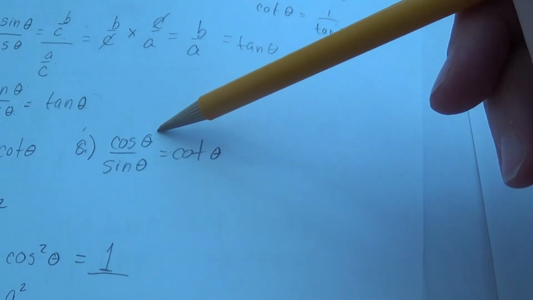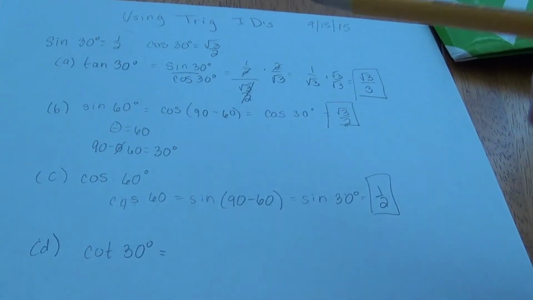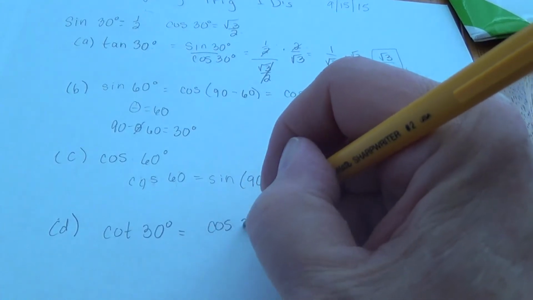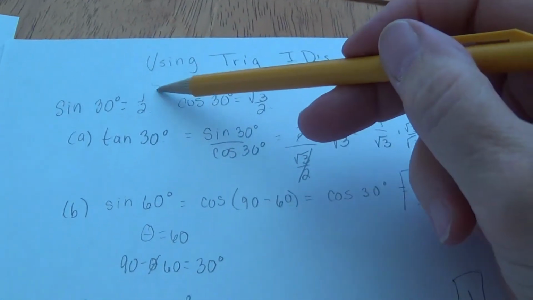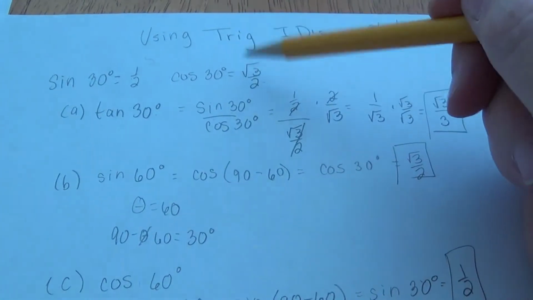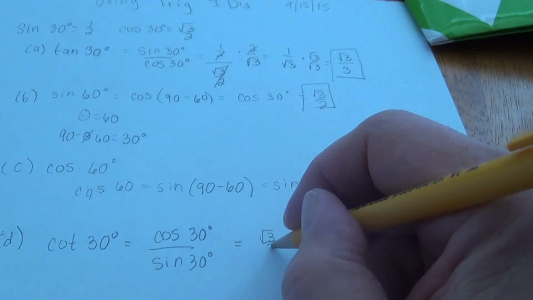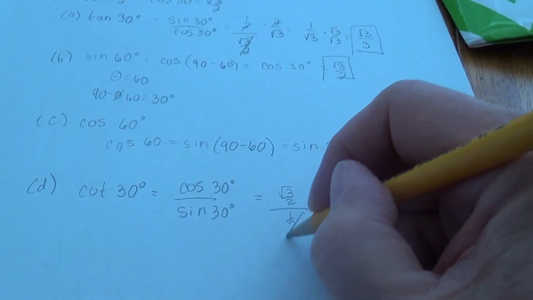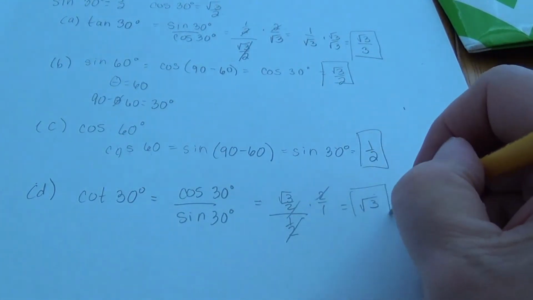So if I know the cosine and I know the sine, I divide one by the other and that will be the cotangent. So do we know the cosine of 30 and the sine of 30? Yes, we do. It's given in the problem. Cosine of 30 is square root of 3 over 2, and sine of 30 is 1/2. When I divide, I flip and multiply. These cancel, and I get square root of 3.